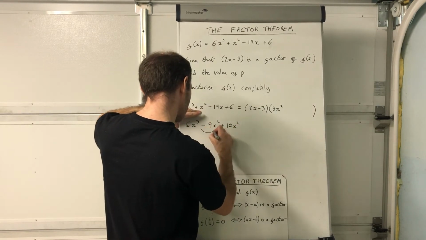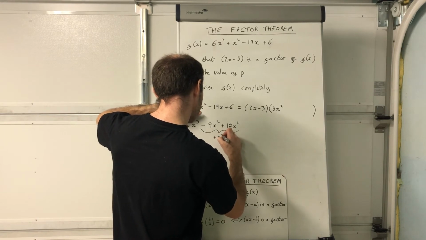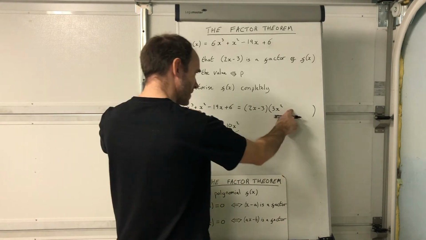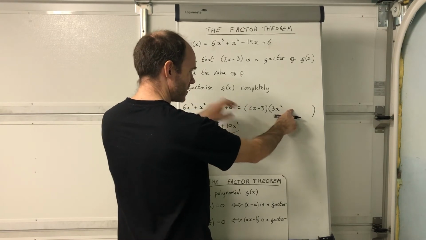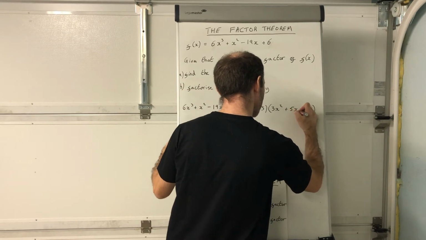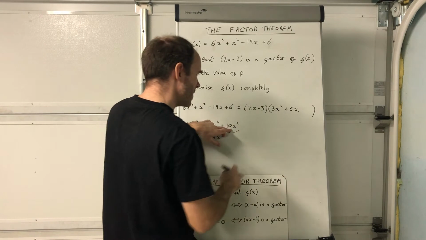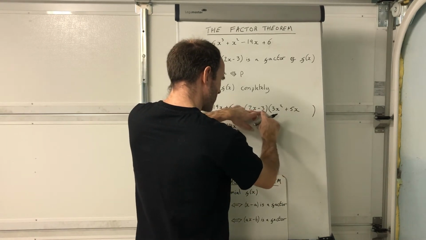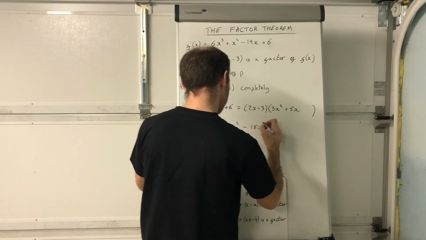Because we want those to combine to get positive x squared. So for the next term I want to get 10x squared, and we're multiplying that by this, so that means that must be plus 5x, because 5x times 2x gives me the 10x squared. See how that works? And then continue the expansion. Negative 3 times that is negative 15x. Let's see where that fits with this.